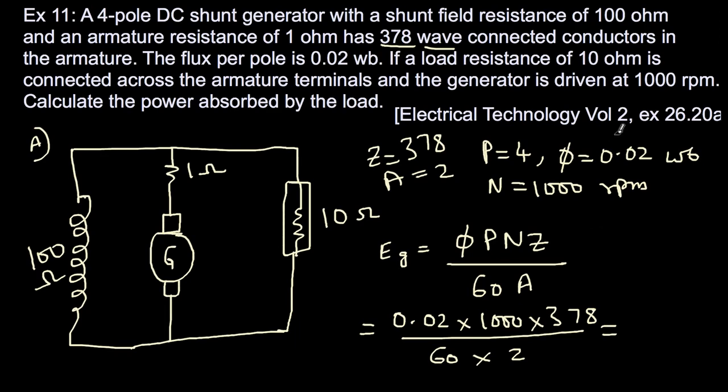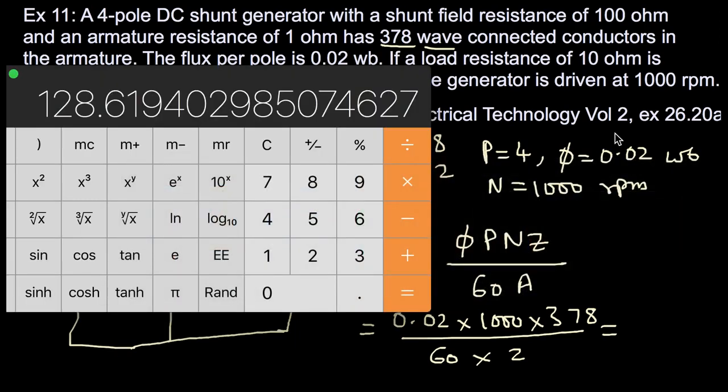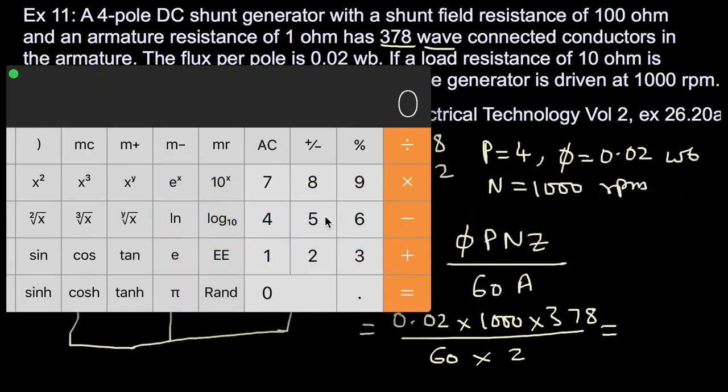Let's do the calculation. 0.02 multiplied by 1000 multiplied by 378 divided by 60, again divided by 2.